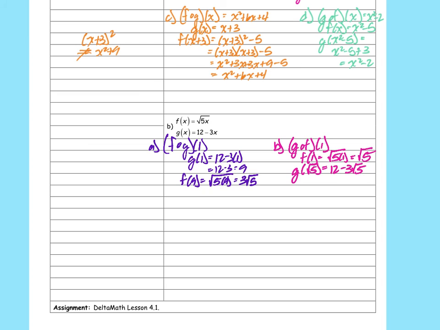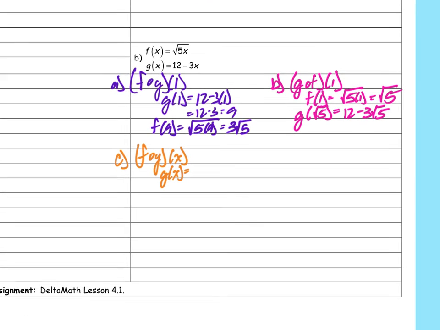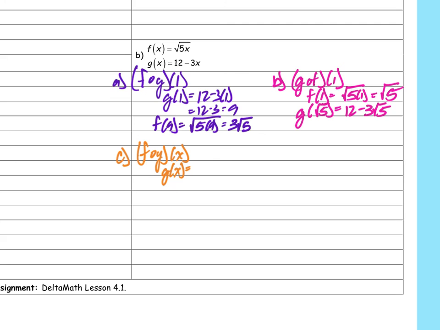Okay, good. Thanks. A, B, C is f of g of x this time, right? So g of x is 12 minus 3x.